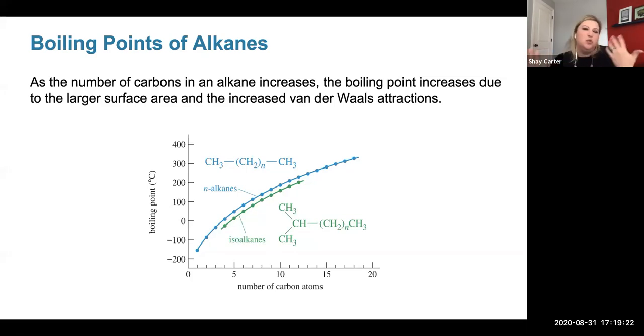We can use these words interchangeably at this level. The longer the chain is, the more these molecules stick together side to side. When they're held together, that prevents them from escaping into the gas phase. It's like somebody holding their ankle, keeping them down in the liquid phase.